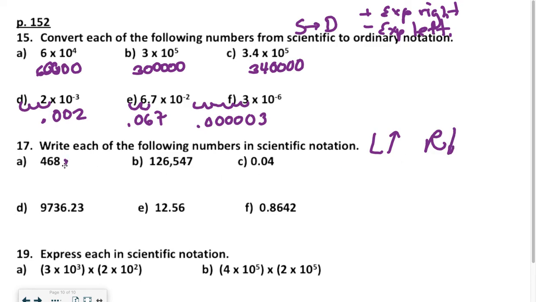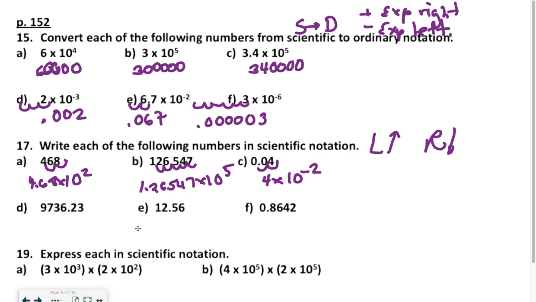Decimal to scientific. I move to the left, so I increase. 1, 2, 3, 4, 5. Left increases. Right decreases.